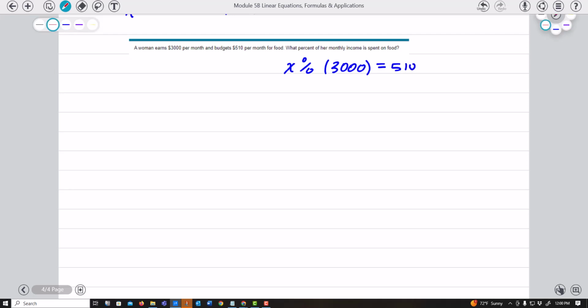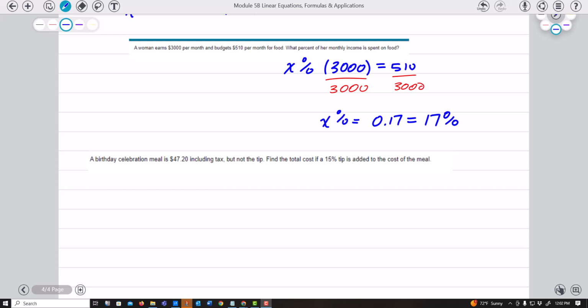So once you get this set up, now you can just see divide both sides by 3,000. And just like the last one, I want to put this in percent. So I get 0.17, which would be 17%.